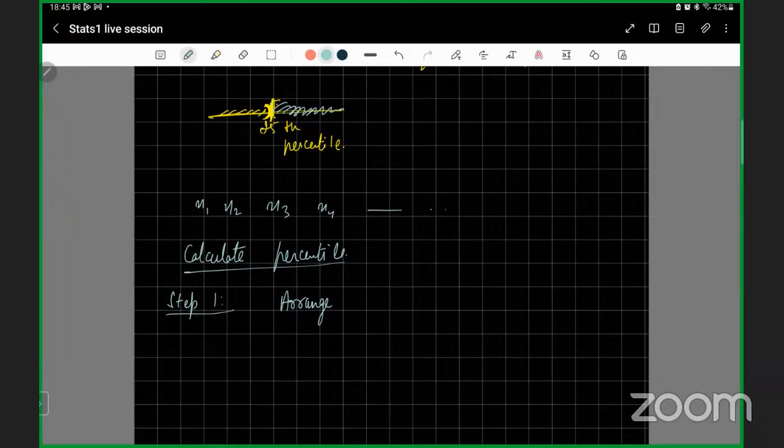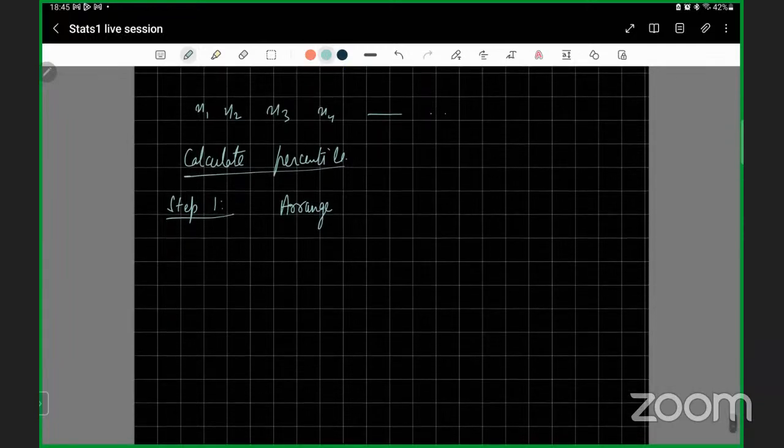So the first step that we go about is to arrange your data in ascending order. Then the next step, let's say it goes till xn, you find your np.